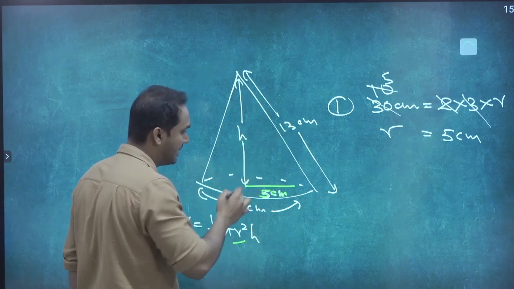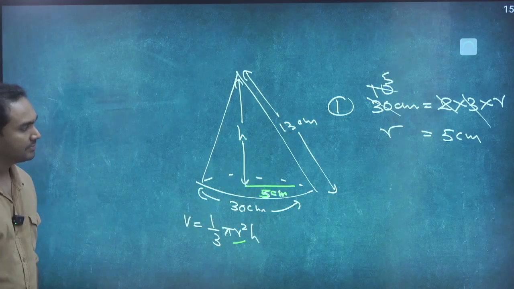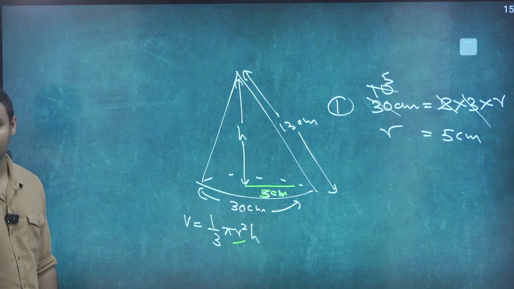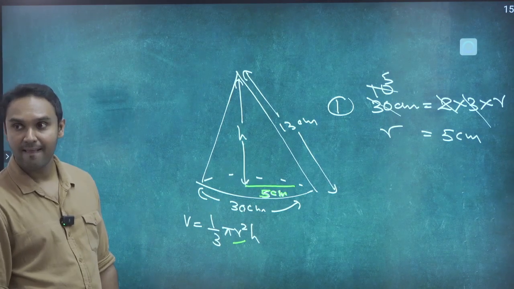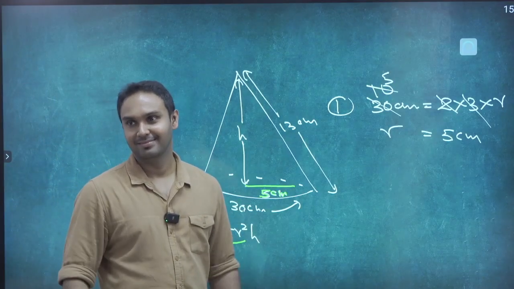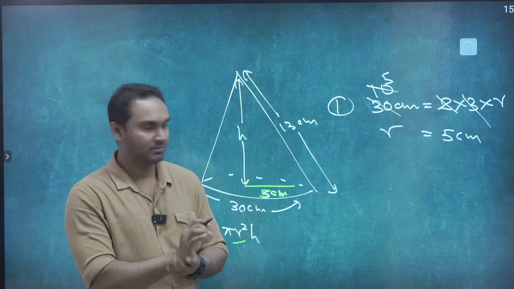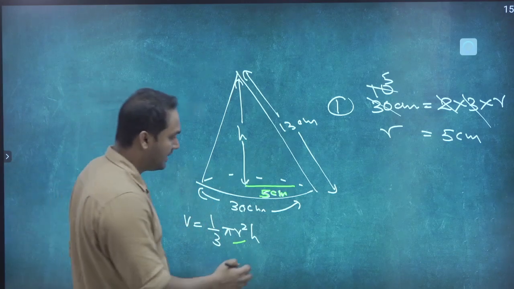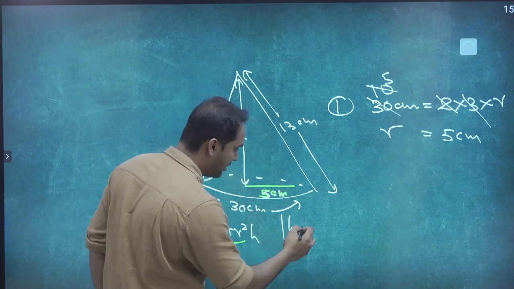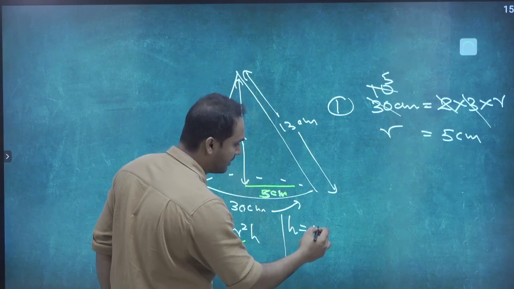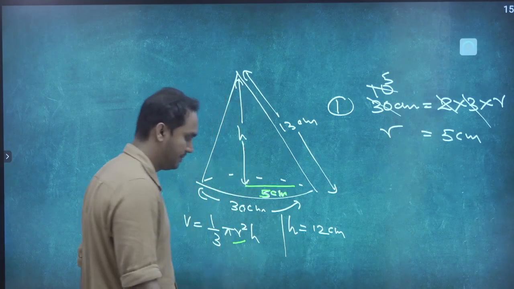How do you find this h? Yeah, exactly. Pythagoras, right? Do you see a triplet here? 12, exactly. So you remember the value? Takes no time, right? Good. So h will be 12. You don't have to even simplify it.